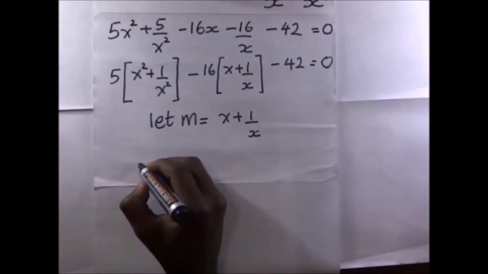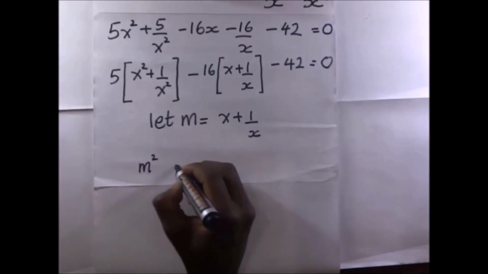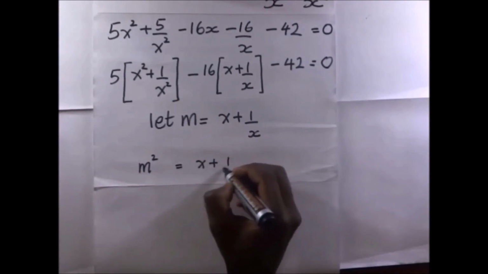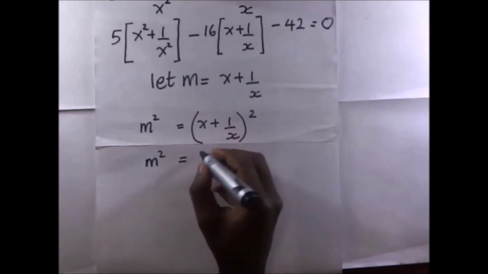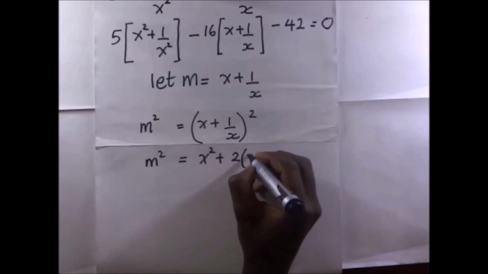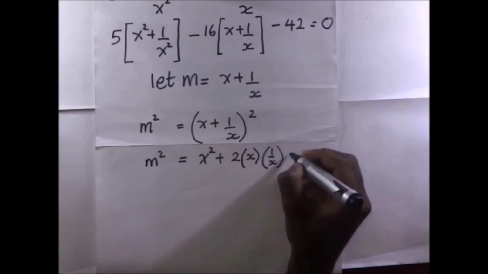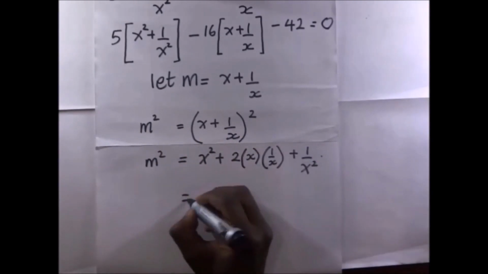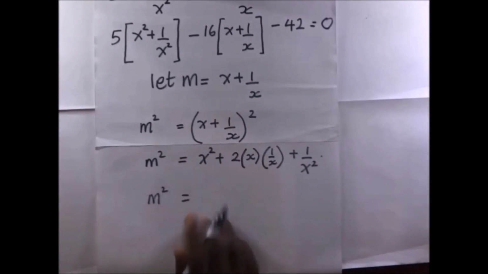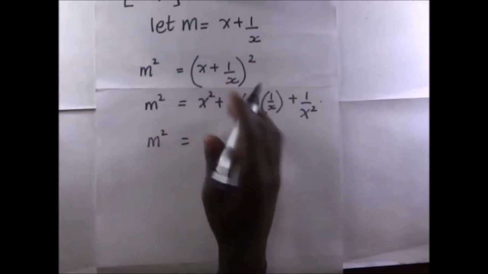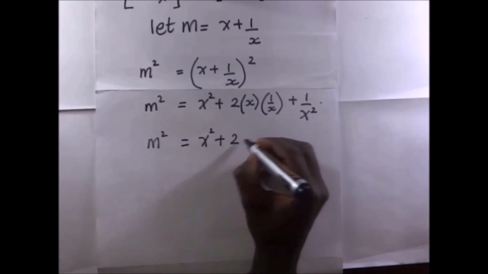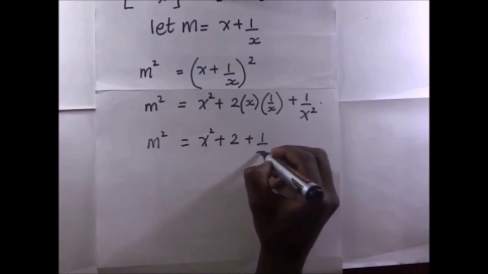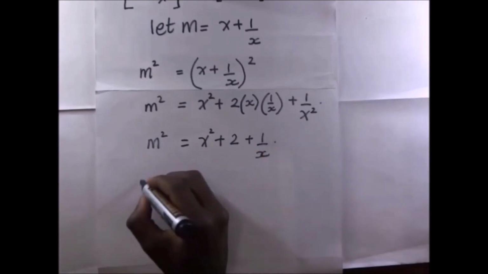Let's try and square m. m squared will be equal to x squared plus 2 plus 1 over x squared.